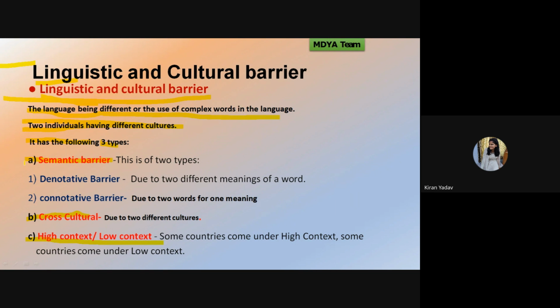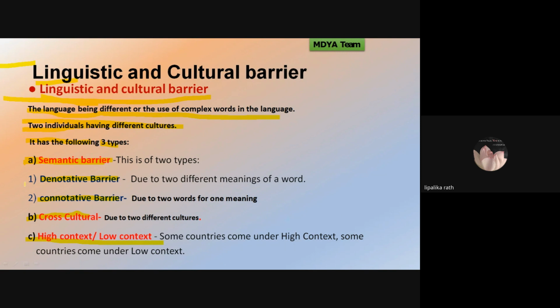So let's first see the semantic barrier. This is of two types: denotative barrier and connotative barrier. These two terms you are already aware of, you have already discussed denotation and connotation. Who will tell? Yes, ma'am. Denotation is the dictionary meaning.